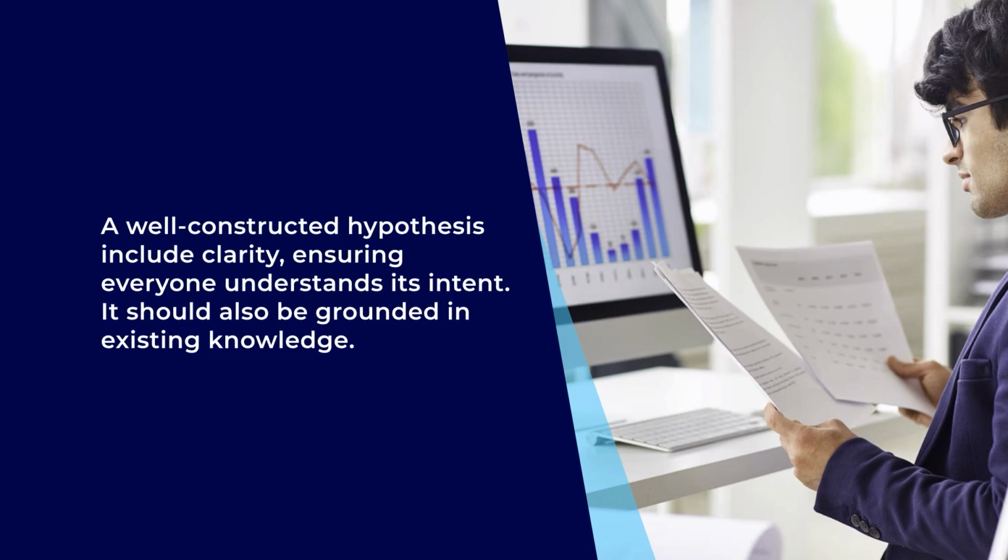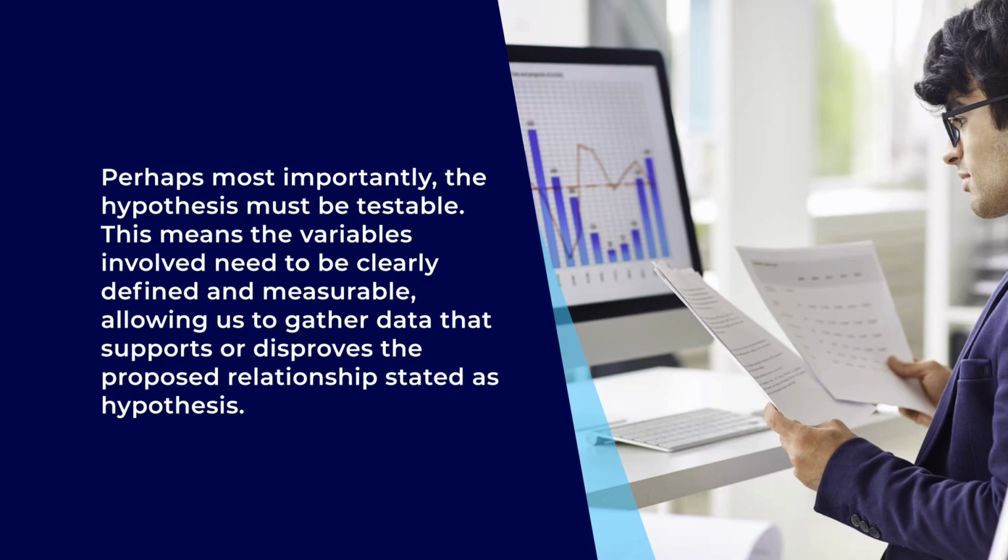A well-constructed hypothesis includes clarity, ensuring everyone understands its intent. It should also be grounded in existing knowledge. Perhaps most importantly, the hypothesis must be testable. This means the variables involved need to be clearly defined and measurable, allowing us to gather data that supports or disproves the proposed relationship stated as hypothesis.